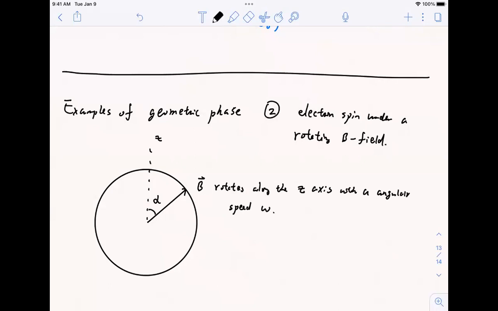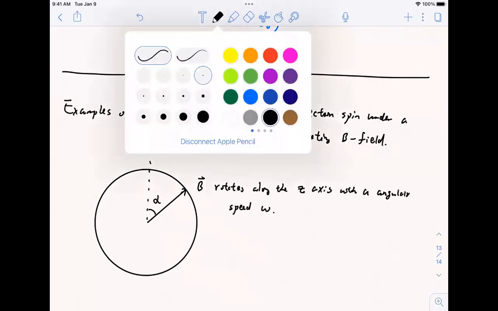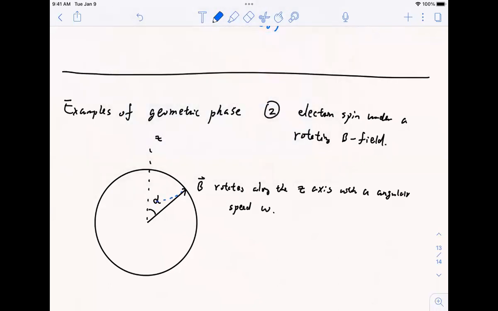So that means this B field is going to rotate like this. Basically the B field is like this, rotating.